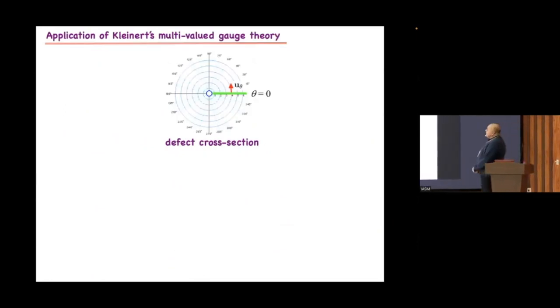If you go to the cross section, well, it's again like a hole, and in order to simplify the connectedness of the space, you have to provide a cut, a Riemann cut.